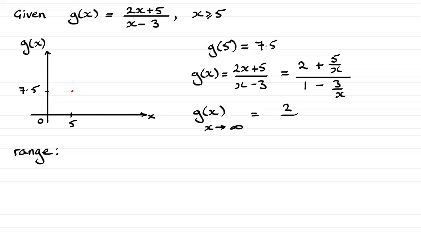And in the denominator, we're going to have 3 divided by a very large positive number, that's going to tend to 0. So we're just left with the 1. Now, really, as x gets larger, it's not going to equal 2 over 1. It's going to tend to 2 over 1, in other words, 2. So what I've got here is a positive asymptote, y equals 2.